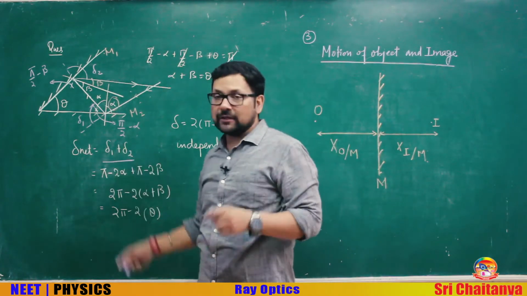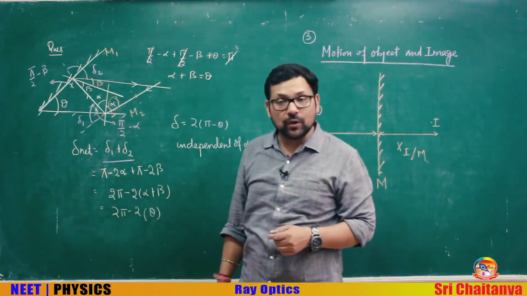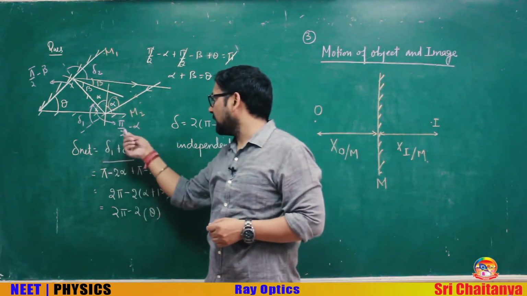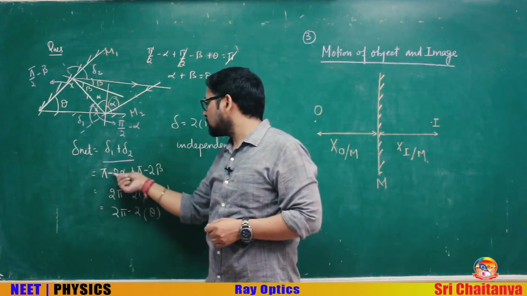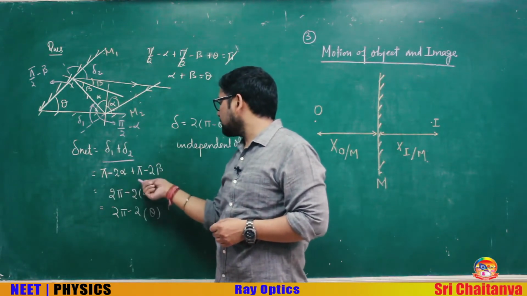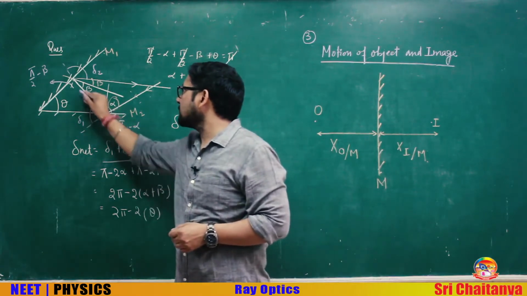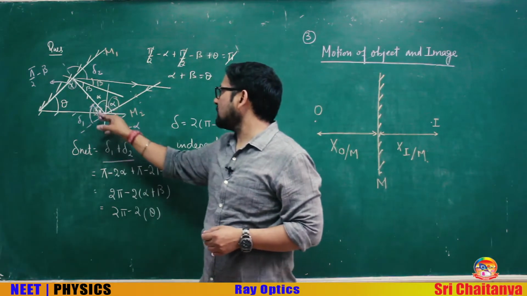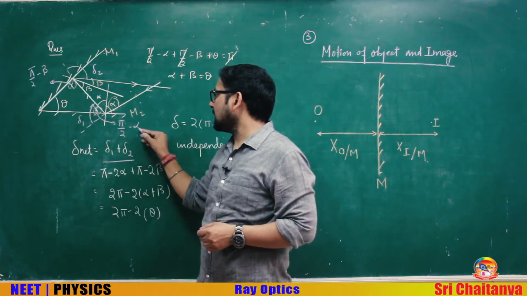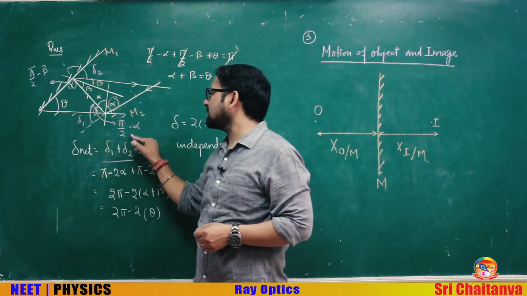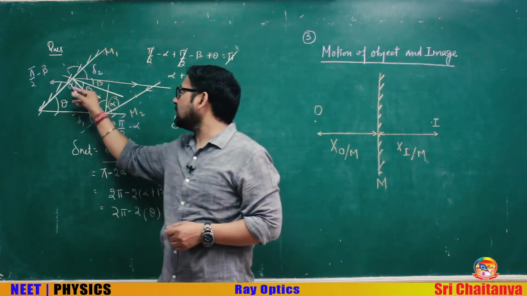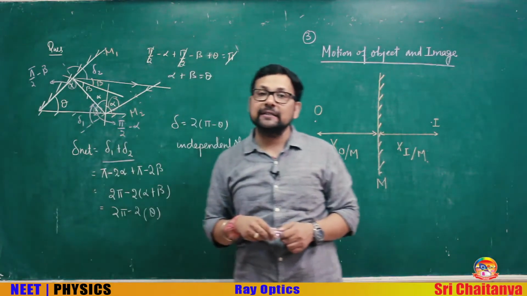Now delta 1, according to the formula, is pi minus 2i, so delta 1 is pi minus 2 alpha, and delta 2 is pi minus 2 beta. Now say this cross mark, this cross and this cross. The first cross is pi by 2 minus alpha, as this was alpha, and in the same way the second cross will be pi by 2 minus beta.